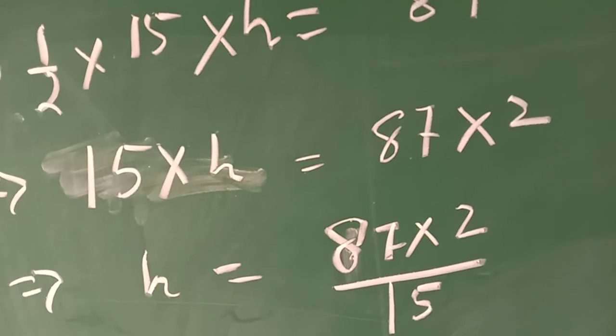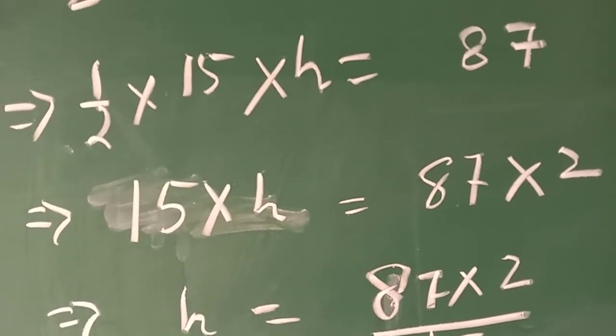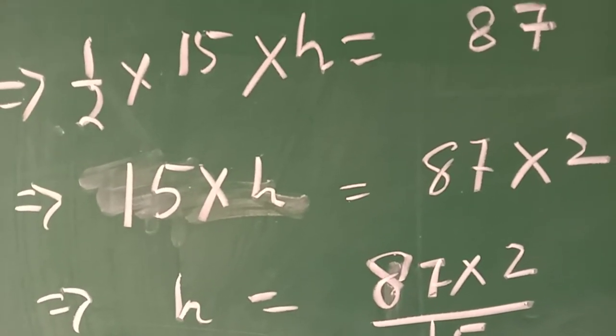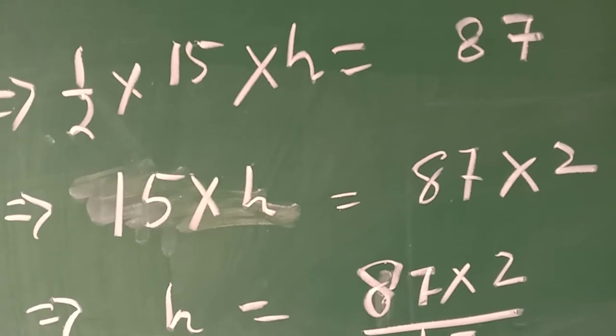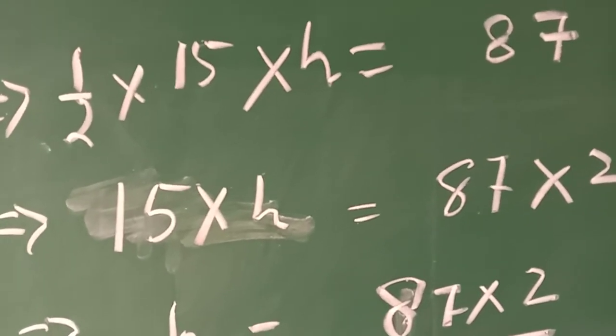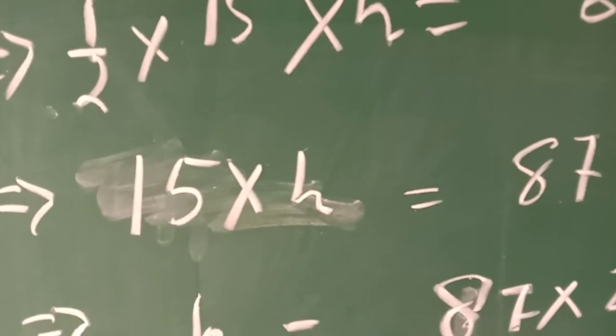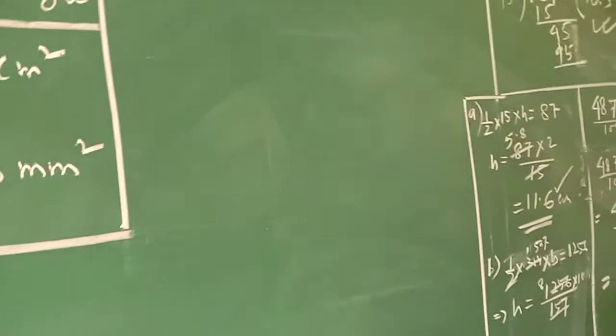87 into 2 by 15. Now what will be the result? If you divide it, the calculation is there but I will not show you.